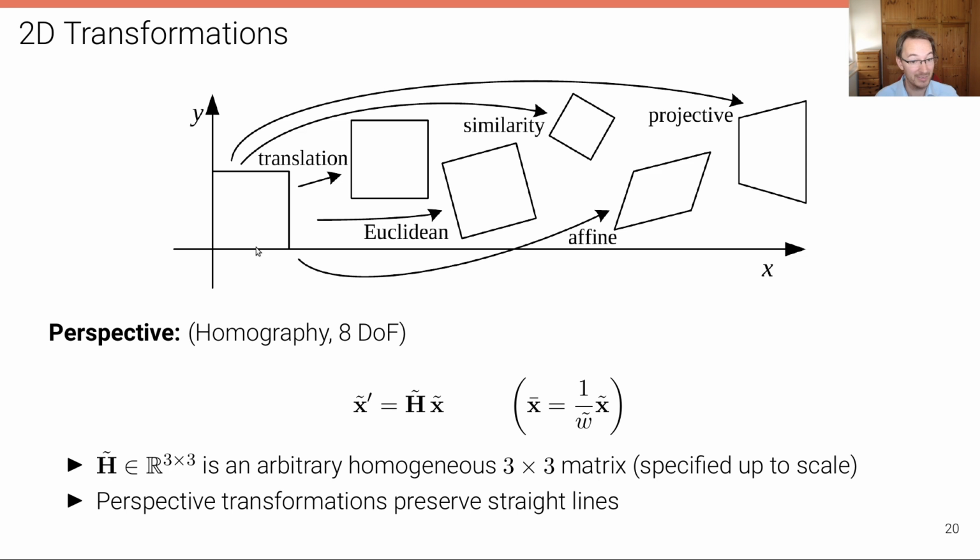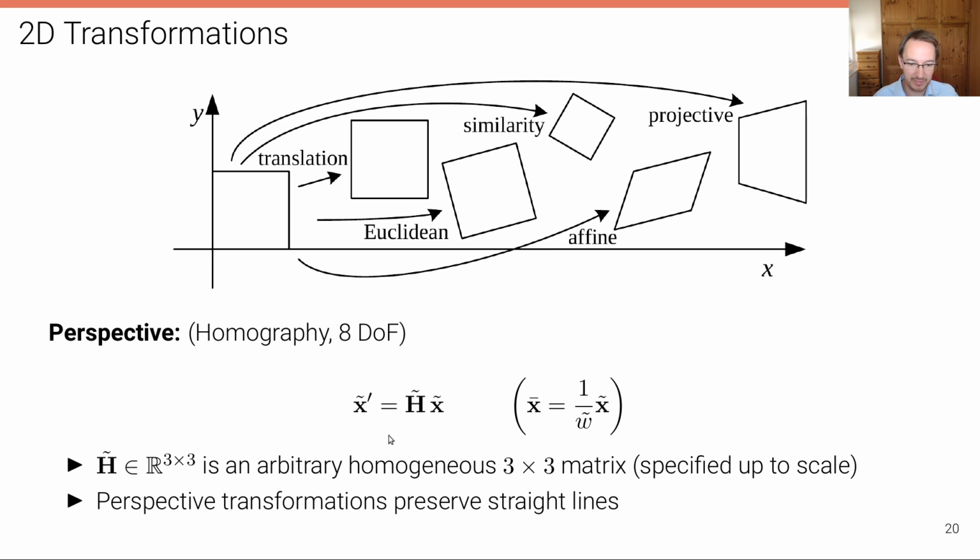That is why we have 8 degrees of freedom. We can also represent this by the coordinates where every one of these corners of the square transforms to. But it's only 8 degrees of freedom. So all the points that are in between or outside would transform similarly to these transformed corners of the square.